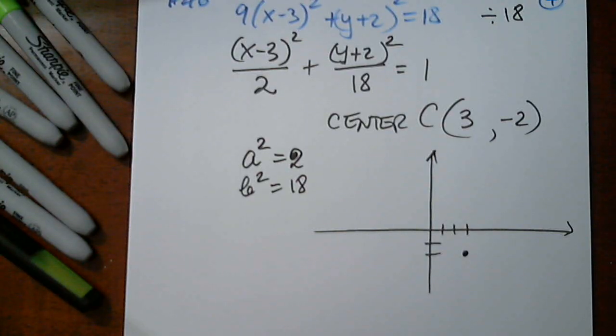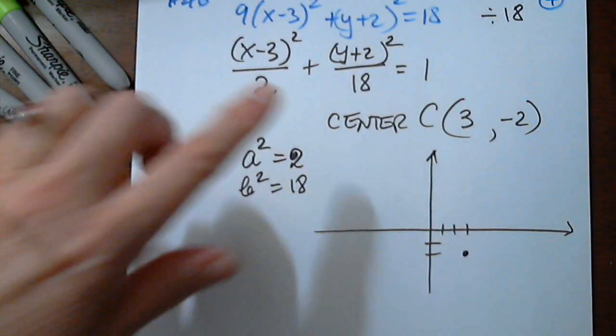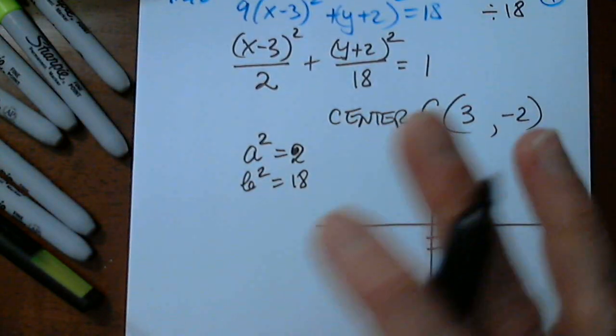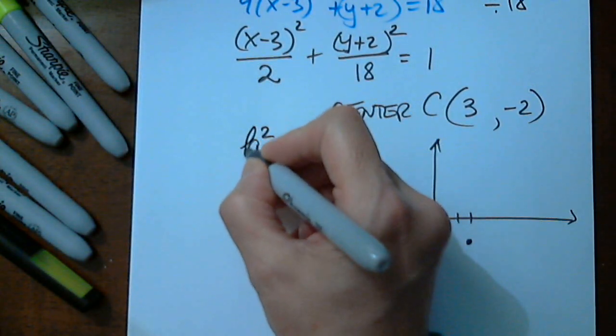Okay, next step. What will you do next? Is a squared supposed to be the largest number? Yes, in some books you're correct. In some books it's considered A and B, it doesn't matter, but let's consider it as it is in this book.